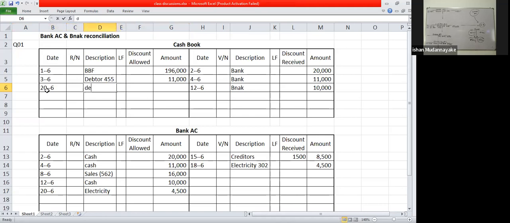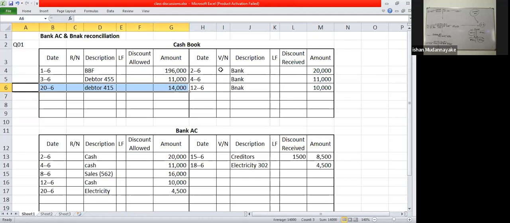Debtor, 415, 14,000. Cash book debit. And then debtors account credit.